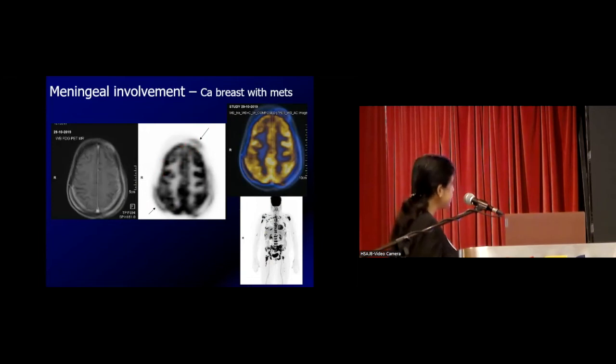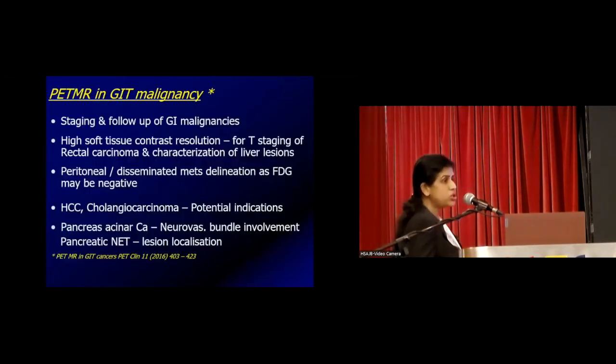So coming on to the gastrointestinal malignancies, we know that PET-MR is useful for staging and follow-up of gastric malignancies, but it is extremely useful for T-staging in rectal carcinoma and characterization of liver lesions, because it also gives us information regarding the positive tumor margins, which can be either because of the primary tumor or because of tumor deposits close by.